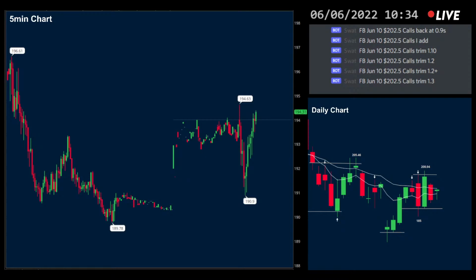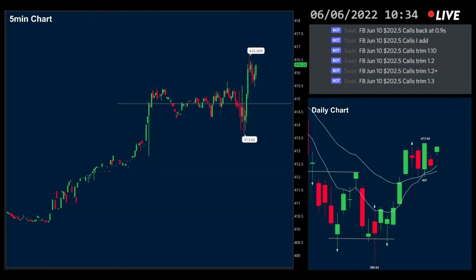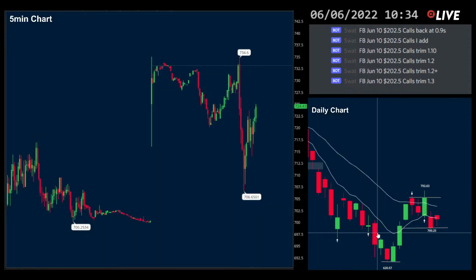As I said, I'm trying to be patient to hold those calls a little bit more. Tesla bounced and keeps going on those calls, 750, okay?